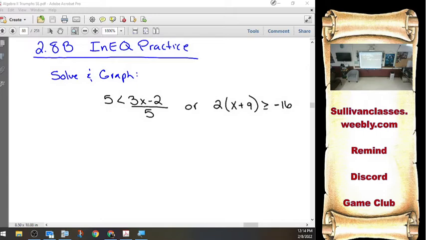This is 2.8B, right? Correct. 2.8B. Okay, no guarantees what anything does.